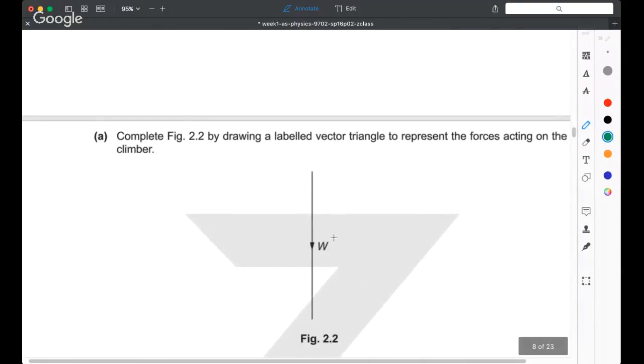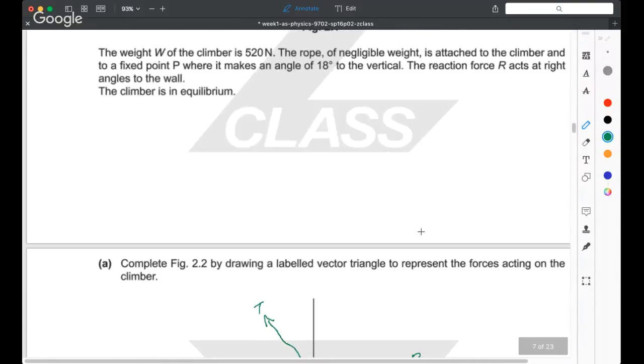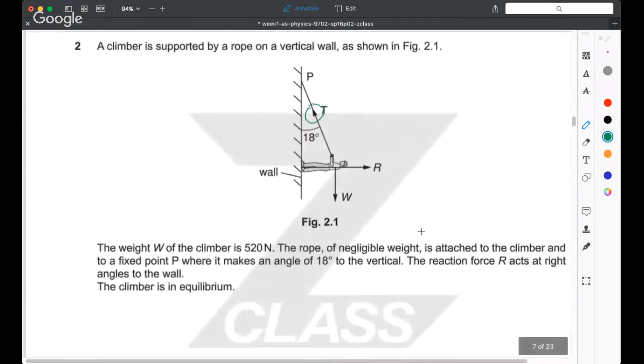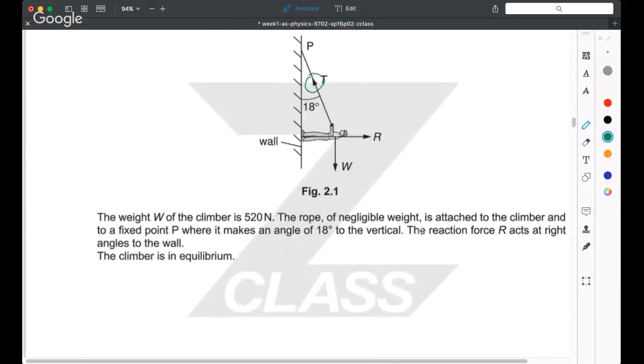From here, or from whatever point, you can put the tension. And from here, you have the normal to the plane. There are at least the 3 forces that are acting and keeping everything in balance.